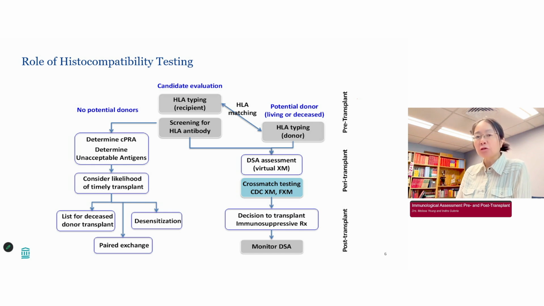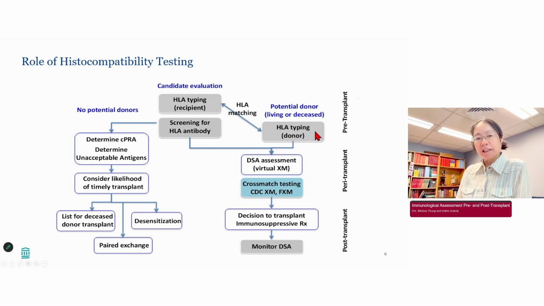When a potential donor comes up, whether it be living or deceased, then the laboratory performs HLA typing on the donor. And in comparing these two HLA typings, donor and recipient, one can then assess the degree of HLA matching or mismatching that's there.